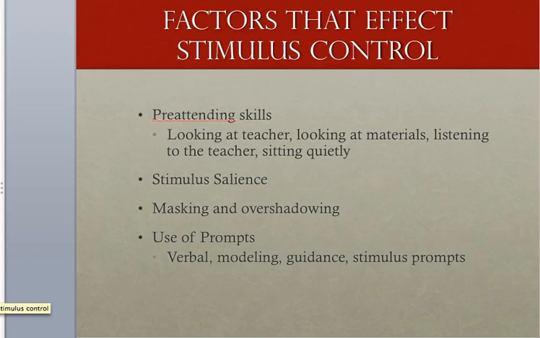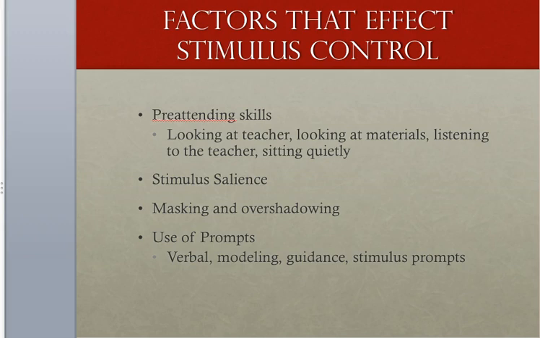All right. Factors that you might want to consider that have an effect on stimulus control. When you're working with children, one of the first things that we need to train is what we call the pre-attending skill.